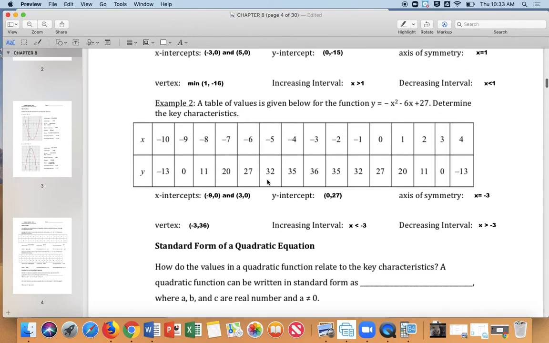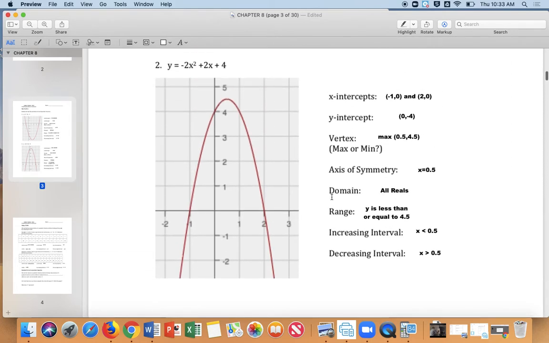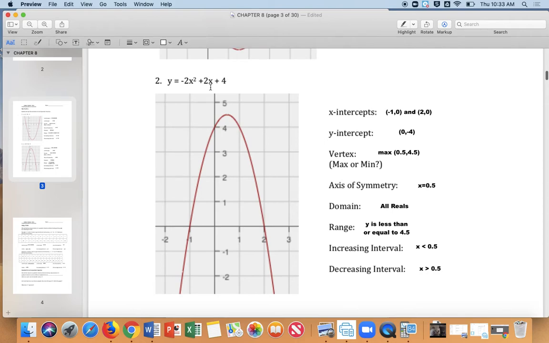So let's look up here. Notice 27 was our y-intercept. So right there, 27, y-intercept, bingo. Look here, negative 15, y-intercept negative 15. Here, the y-intercept was 4, oh man, I keep making mistakes.